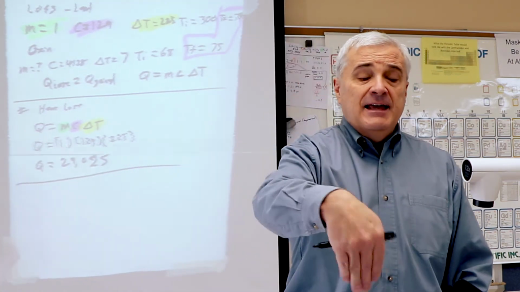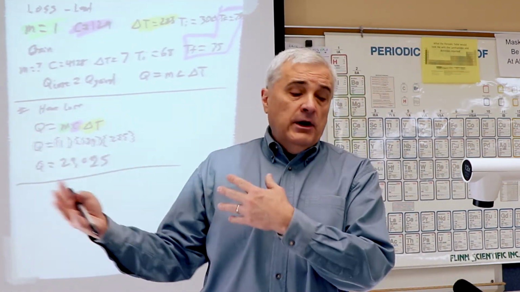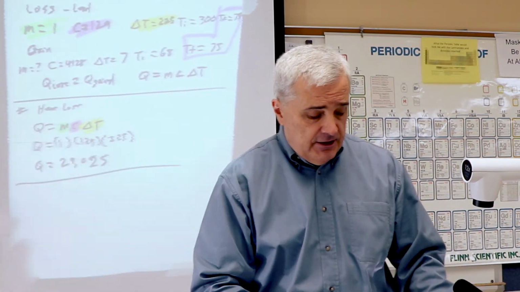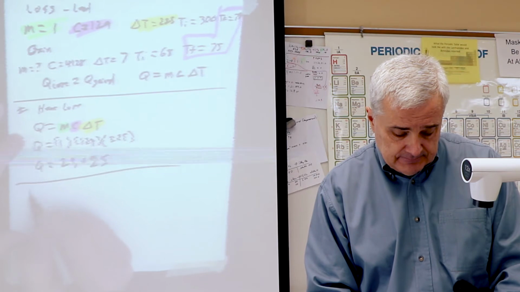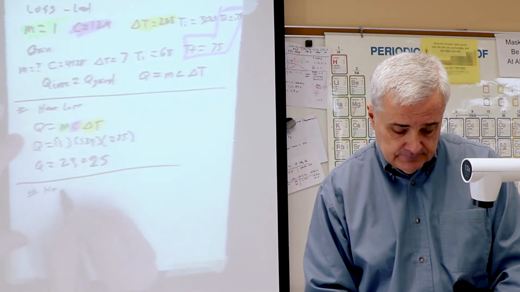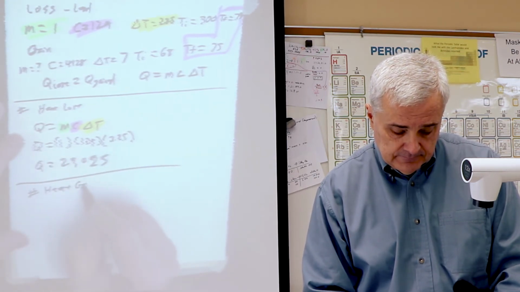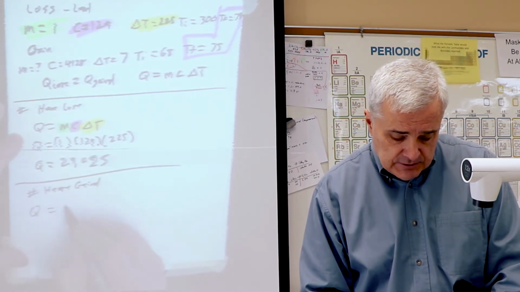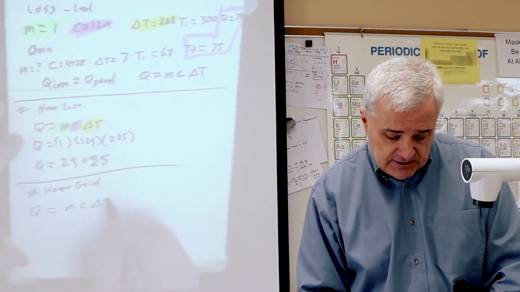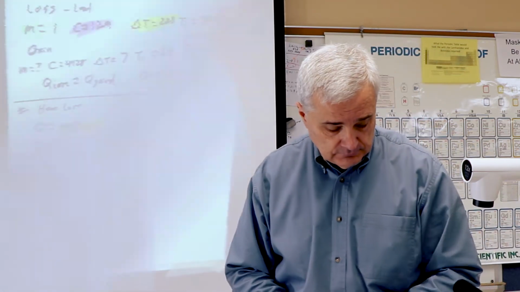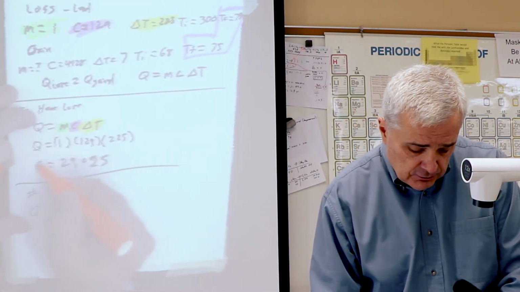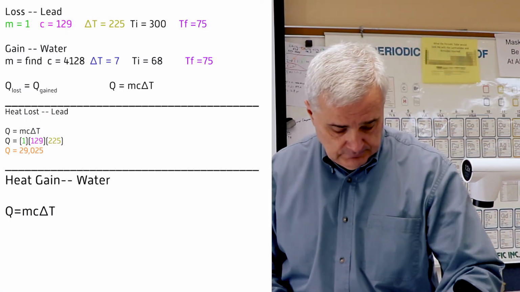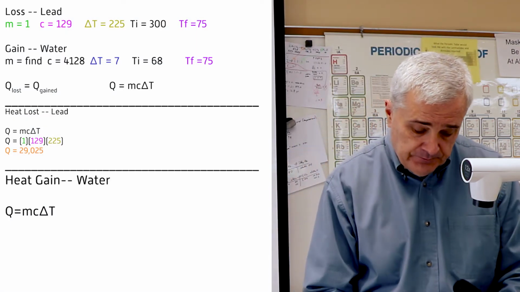If you have to find how much one of the other values was, like mass, specific heat, or delta T, now you've got to do the heat gain side. The heat gain side, the same equation, Q equals MC delta T. Q is Q. I'm looking for the mass.